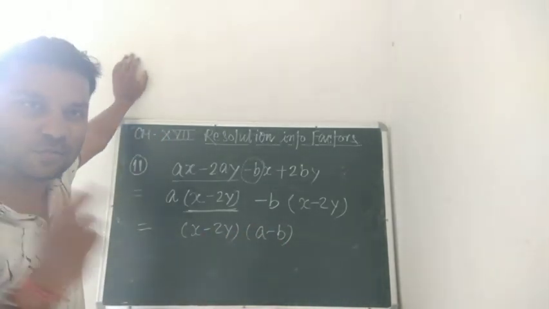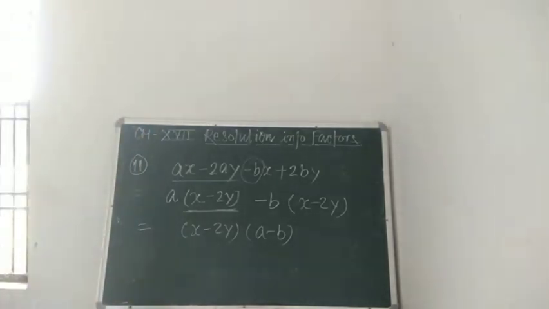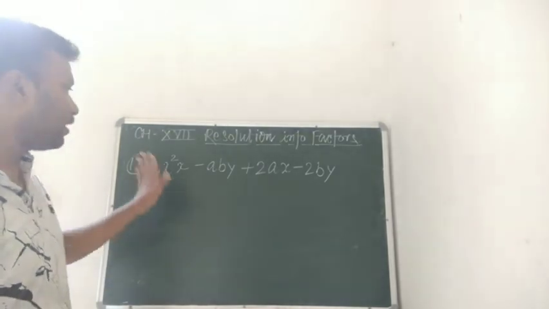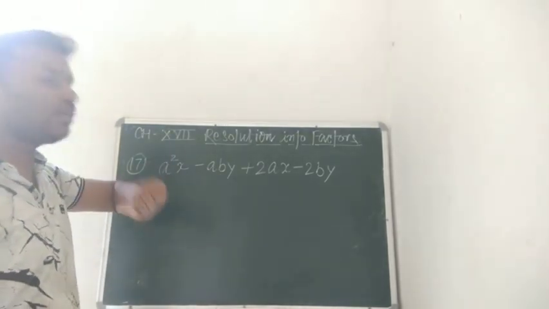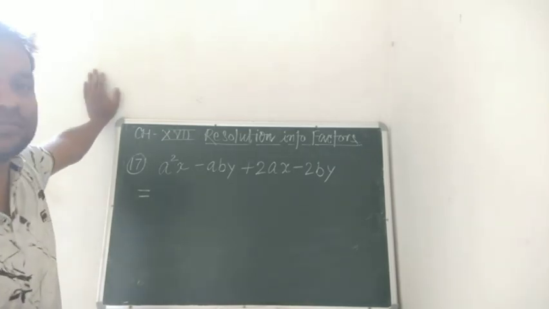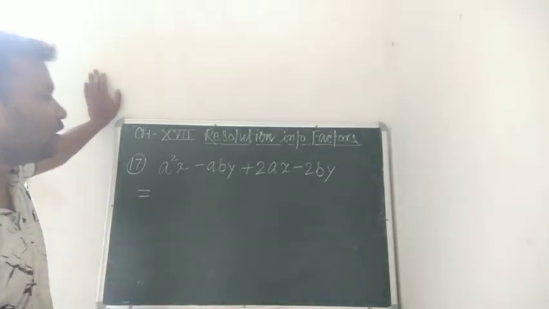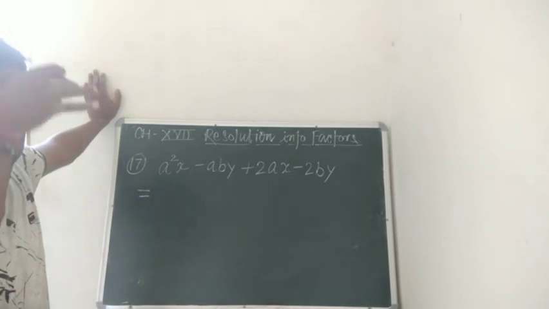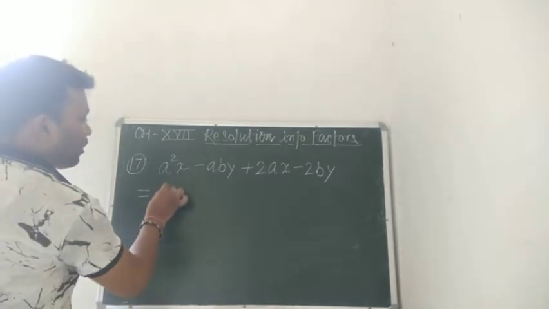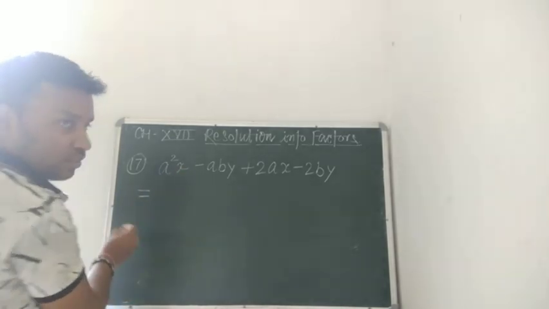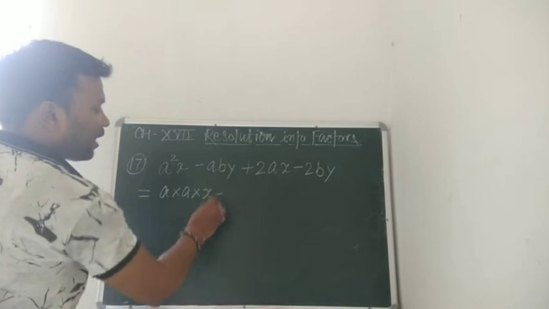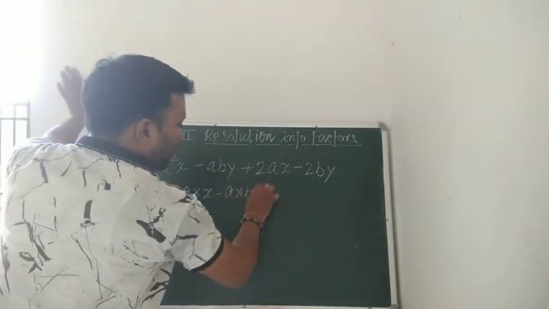Now let's take one more example like this. Question number 17. Again we are given an algebraic expression having four terms, and we have to group the terms of this expression in such a way that we can get a compound factor as a common. In the starting two terms, this a square x can be written as a into a into x, and this can be written as a into b into y.